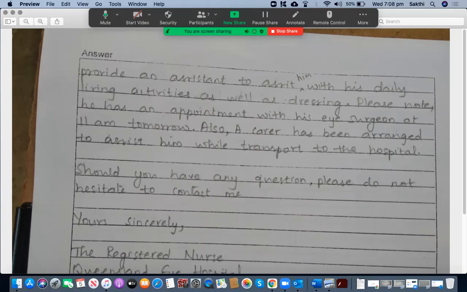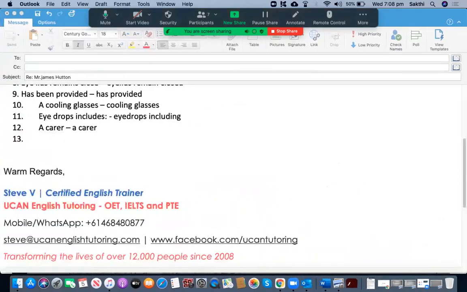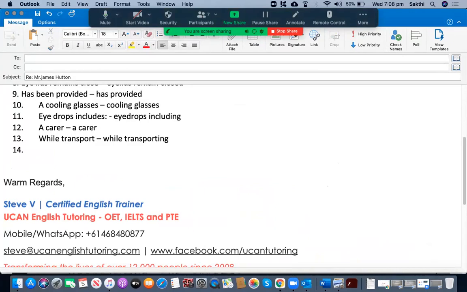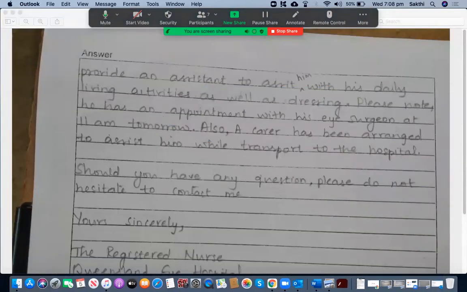A carer has been arranged to assist him while transporting to the hospital. It's not while transport to the hospital, but while transporting to the hospital. Or you can say, assist him to transport to the hospital, okay?